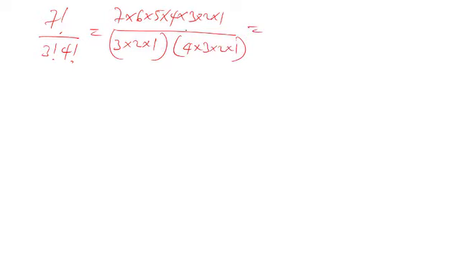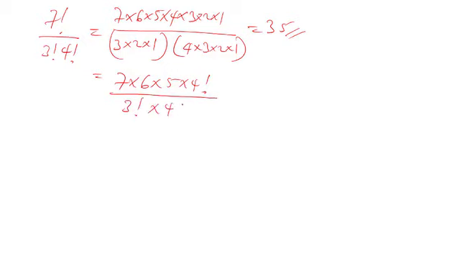But you know, when you have something like this, your answer will be 35. But next time, it is better that when you have 7 factorial and this, you just get to a point and say 7 times 6 times 5 times 4 factorial, since you have 4 as the biggest factorial under here. 4 factorial is 4 times 3 times 2 times 1, all over 3 factorial times 4 factorial, so that this 4 factorial eliminates this 4 factorial.